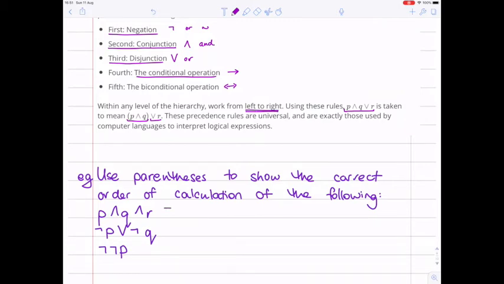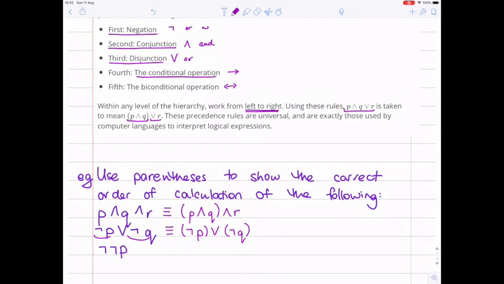So we can say this is equivalent to first computing P and Q, and then and R. Now if we have a look at the second one, we've got nots coming in, so those have to happen first. So you work not P and not Q, and then you combine them with your disjunction, our OR.